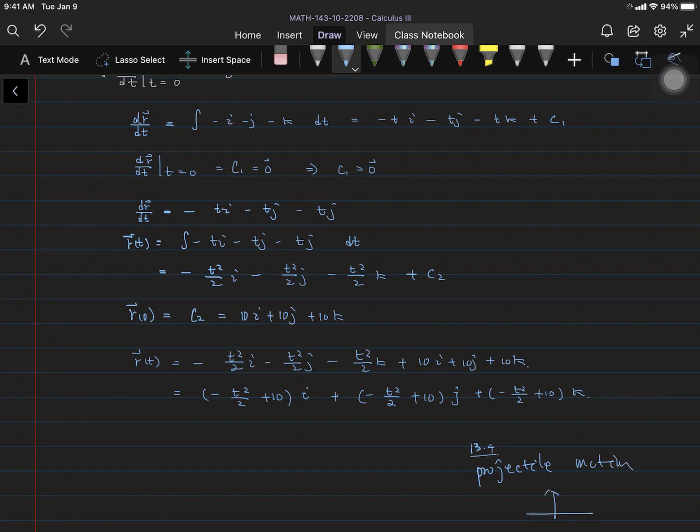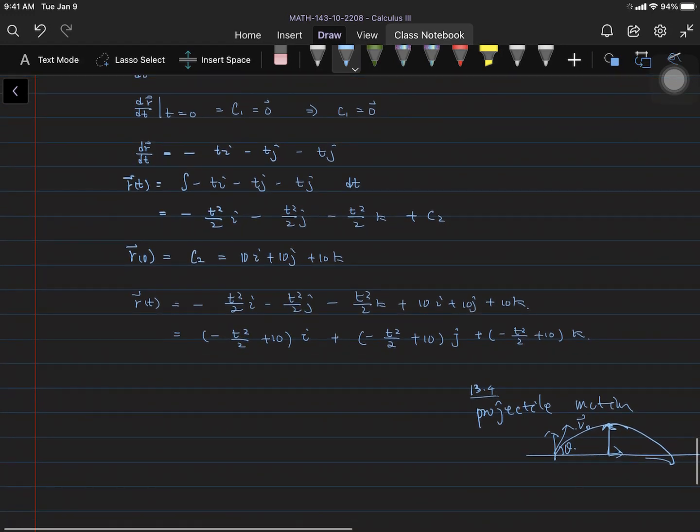It's like if we fire a rocket, we have some initial velocity and some angle, and we want to see what's the highest position it can reach and how far it can go before hitting the ground. We're going to do that later. Right now it's just a basic integral and a basic application, which is the initial value problem. We can stop here.